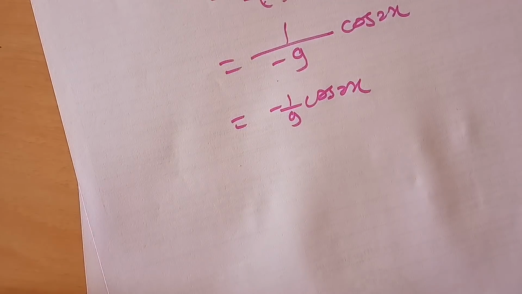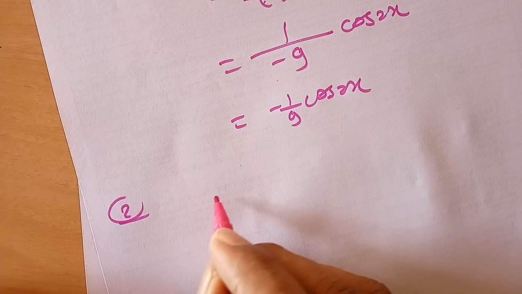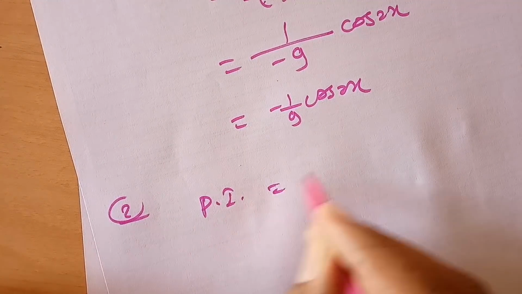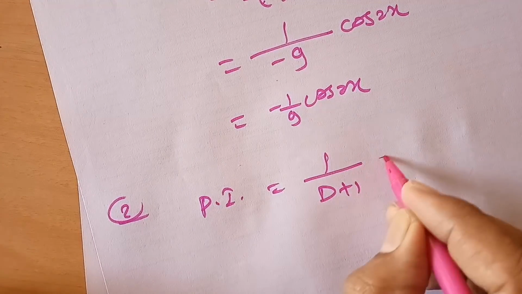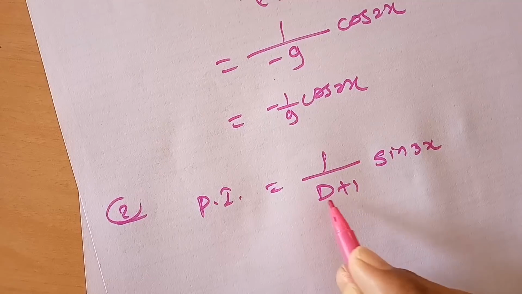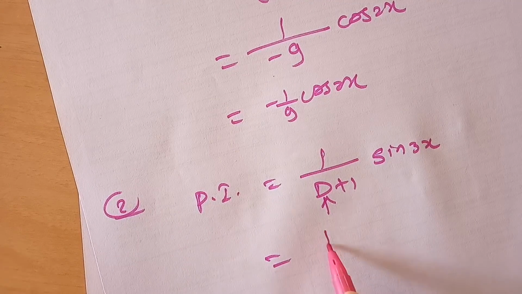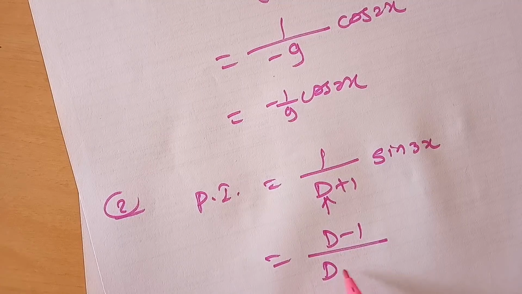Now here our example is in this way. Suppose we have to find PI for 1 upon D plus 1 into sine of 3x. Now here we will not find PI for this directly, because we should have a square term. This square term should be there. Therefore I will rearrange this term: D minus 1, and here I will multiply and divide by D minus 1.